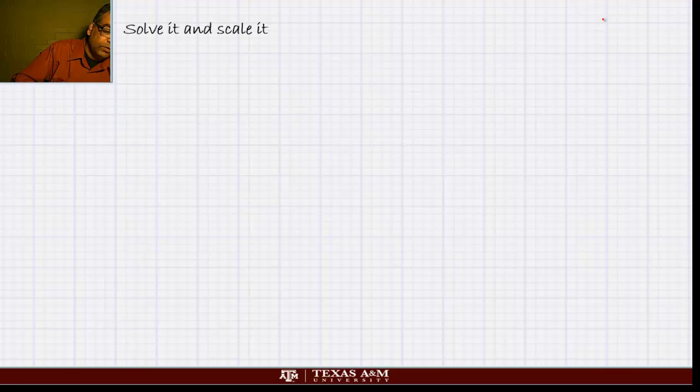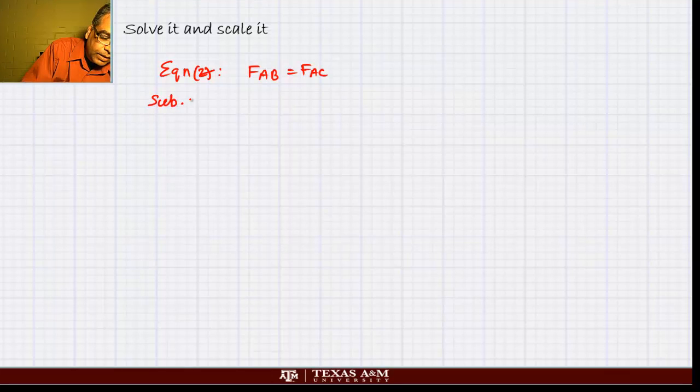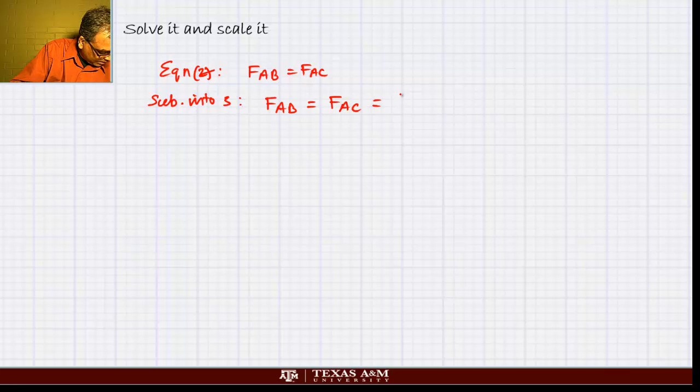So here it is. Solve it and scale it. So we're going to solve it first, and the solution looks like equation 2 gives me FAB equal to FAC. Then substitute into 3 and you will get FAB equal to FAC equal to 0.590 pounds for every pound of crate load.